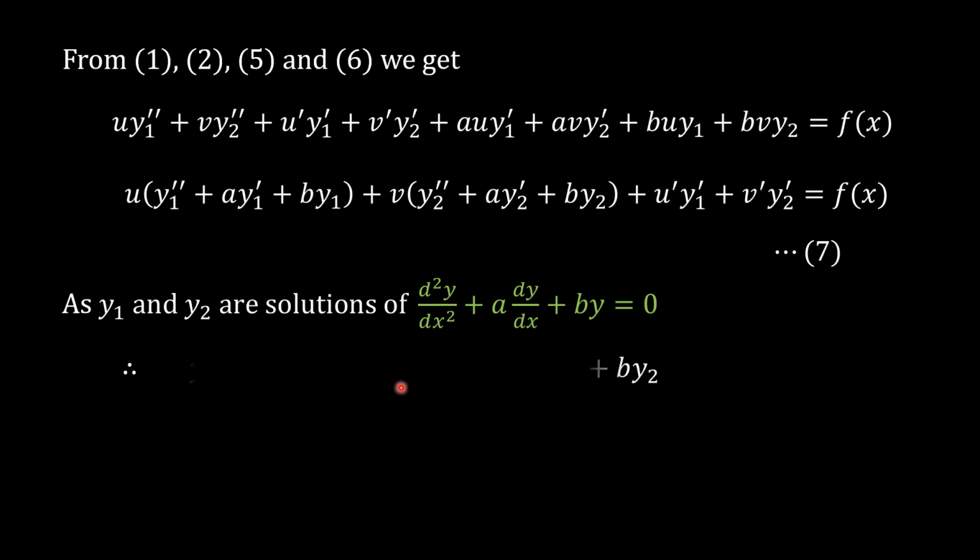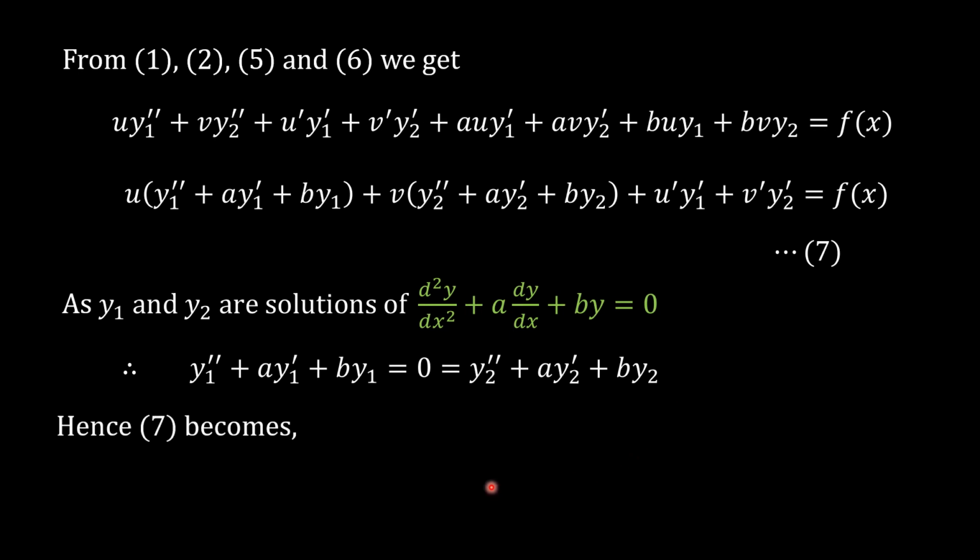So that gives us y1 double dash plus a y1 dash plus b y1 equal to 0, equal to y2 double dash plus a y2 dash plus b y2. Therefore expression 7 now becomes u dash y1 dash plus v dash y2 dash is equal to f of x. We call it 8.